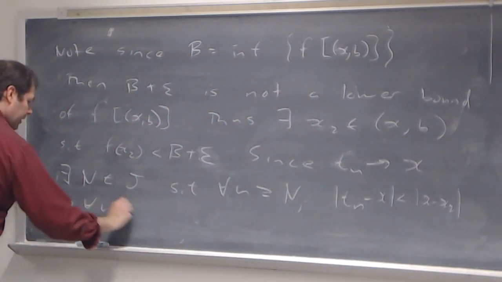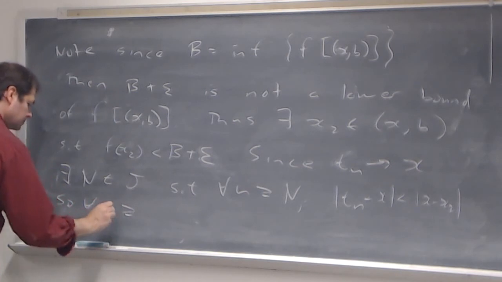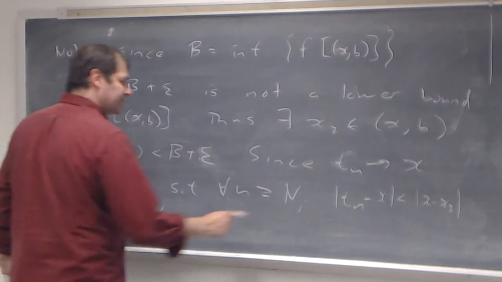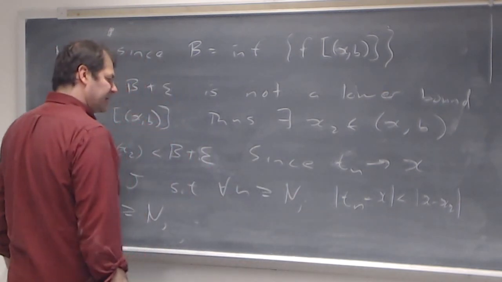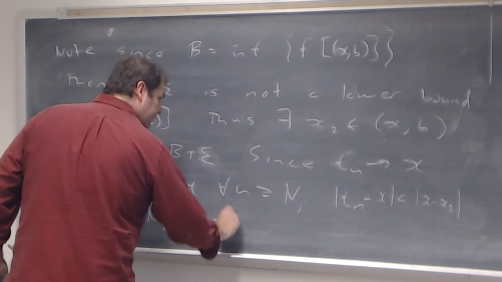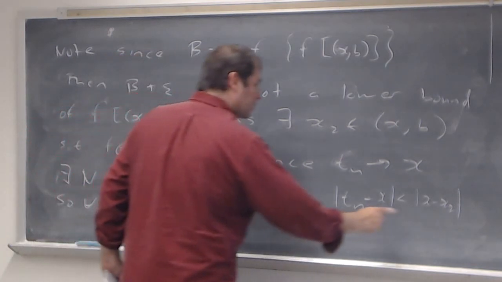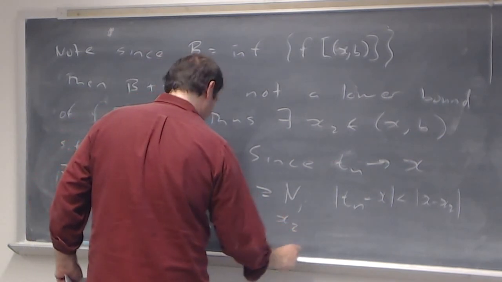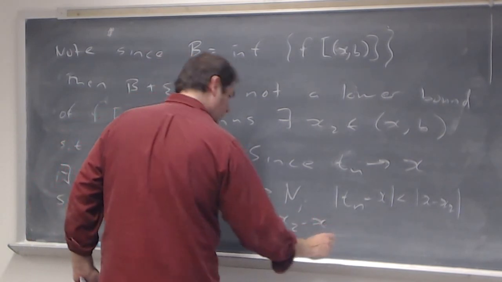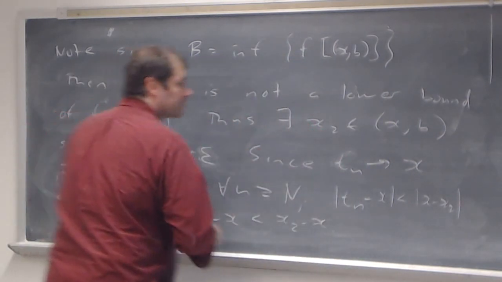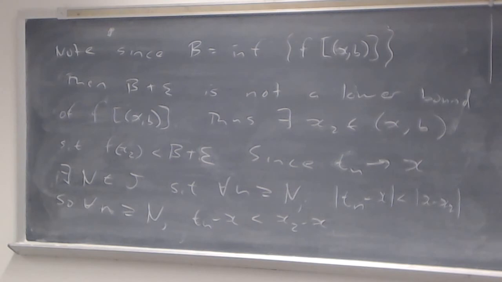So, for all n bigger than or equal to N, the thing that's always bigger is t sub n, so this is t sub n minus x. And here, the thing that's always bigger is x sub 2, so this is less than x sub 2 minus x. And so, having said that, we could say something for all n bigger than big N.